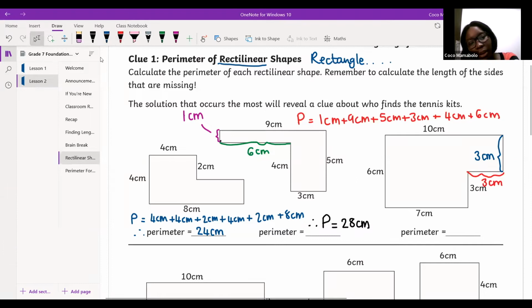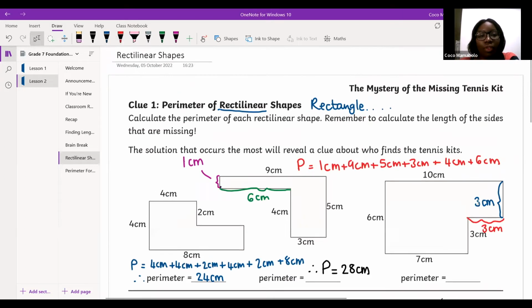Okay, so now everybody, guys, give me the perimeter of this shape here, number 3 in the chat. Go for it. Remember to add all the sides, guys. Don't forget a single side.